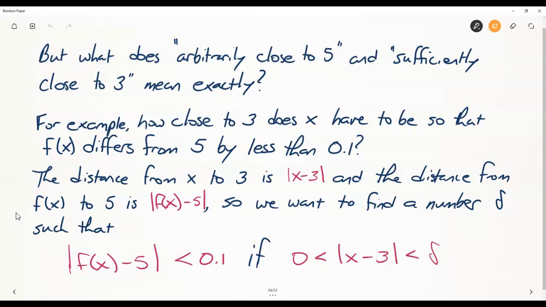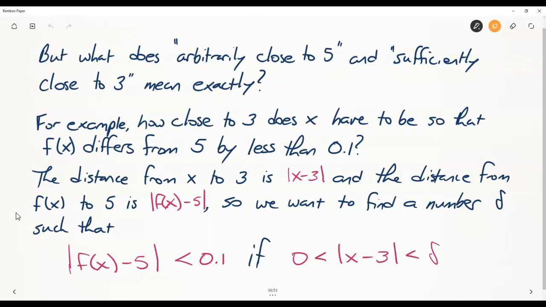So the distance that the function is away from what we're saying the limit is. Again, we take the difference of those two values, and to make it positive, we take the absolute value. So now we have just said how close we want our function to be to the number 5. We want to be at least within 1/10 of a unit.